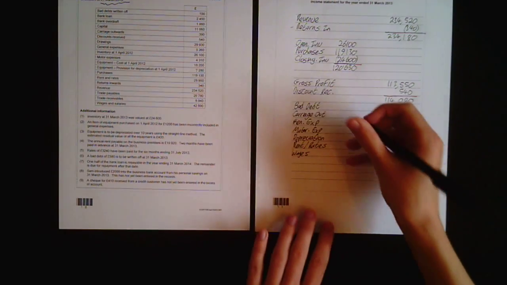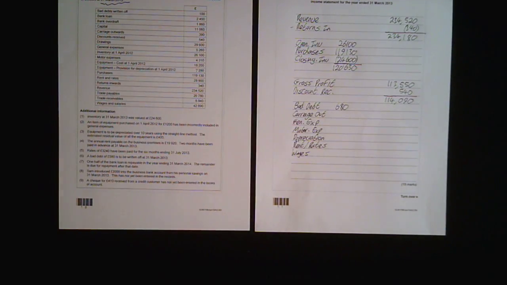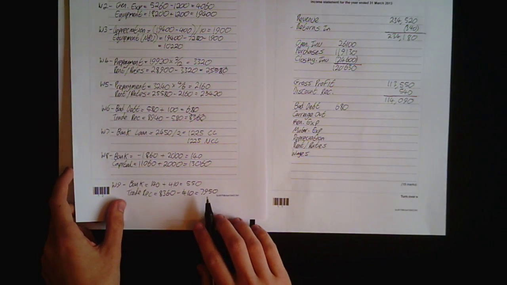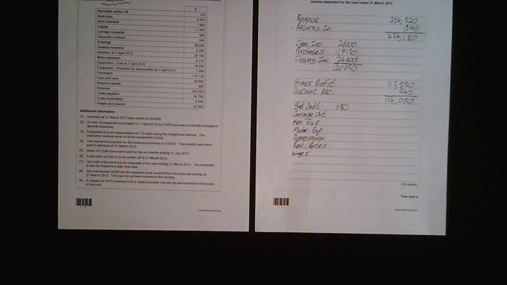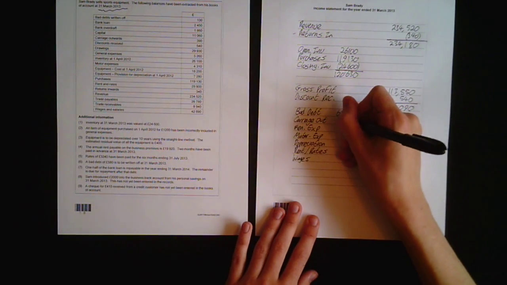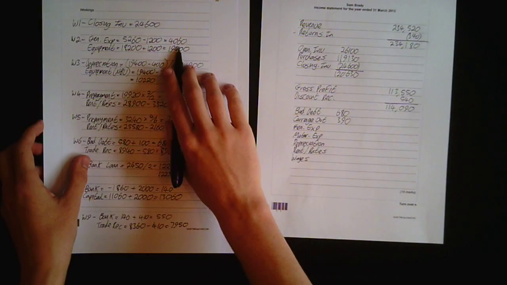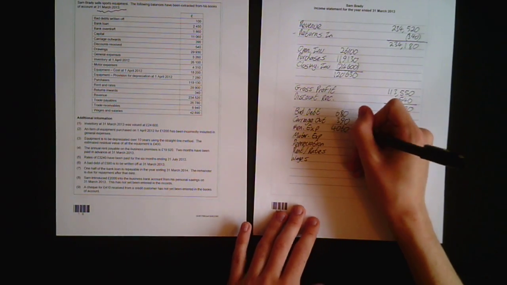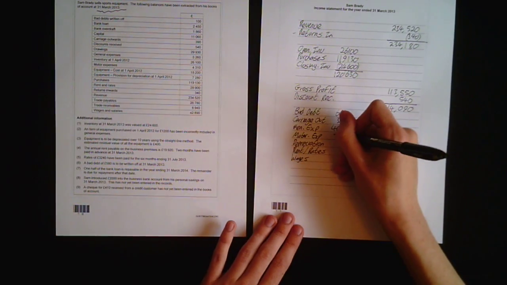So, bad debt was 680. Oh, I really should put that further away from the expense. So, where did my bad debt come from? It came from 680. There we go. My carriage out is 390. General expenses became 4,060. Motor expenses we didn't adjust, but that is 4,310.